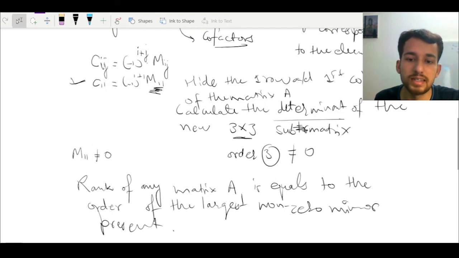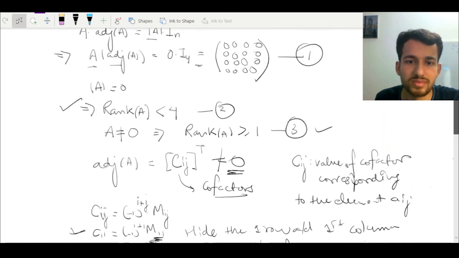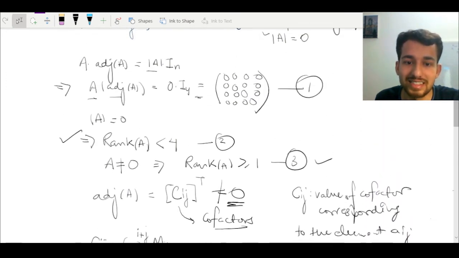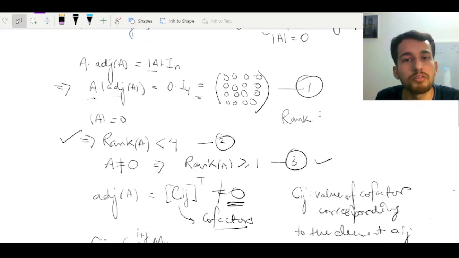So the observation which we have concluded is that we have a 3 by 3 minor which is non-zero, and from above we know that the rank of the matrix has to be strictly less than 4. So by the result we have discussed, the rank of a matrix is the same as the order of the largest non-zero minor present.